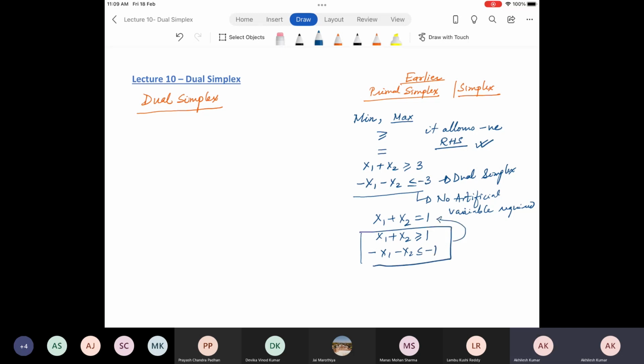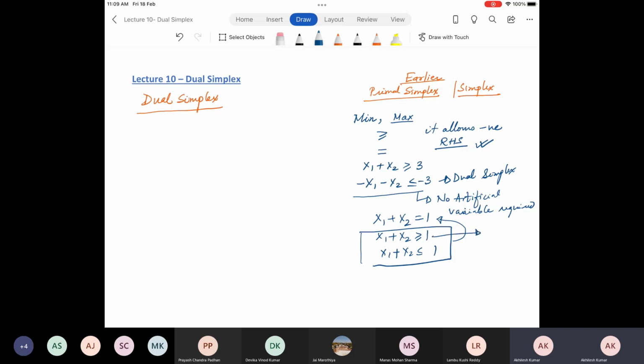So this represents x1 plus x2 equals 1. In what condition will x1 plus x2 less than or equal to 1 and x1 plus x2 greater than or equal to 1 both hold? When x1 plus x2 equals 1.